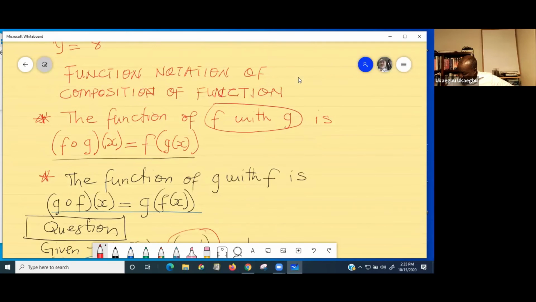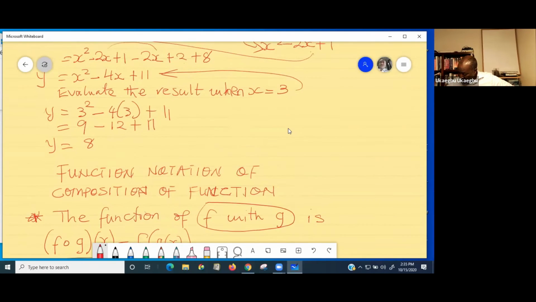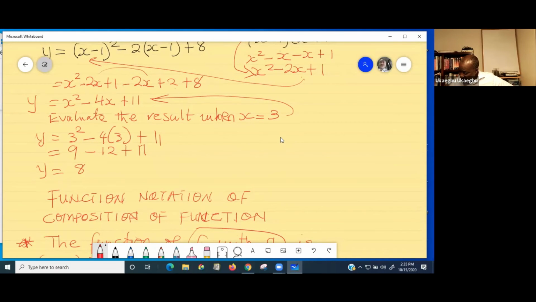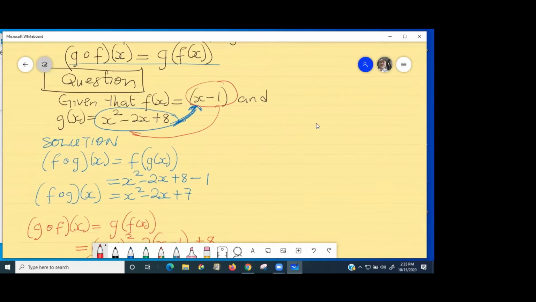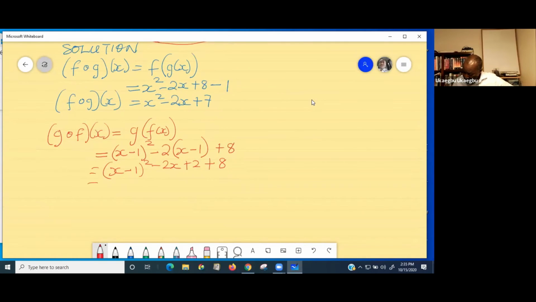We did it before, so let's just copy it. It is x squared minus 2x plus 1. Plus 1, yes. So x squared minus 2x plus 1, then minus 2x plus 2 plus 8 is 10. So let's just write 10.